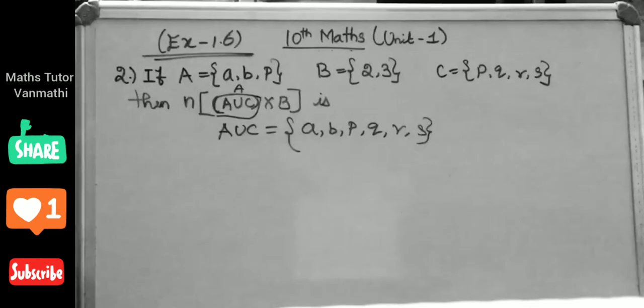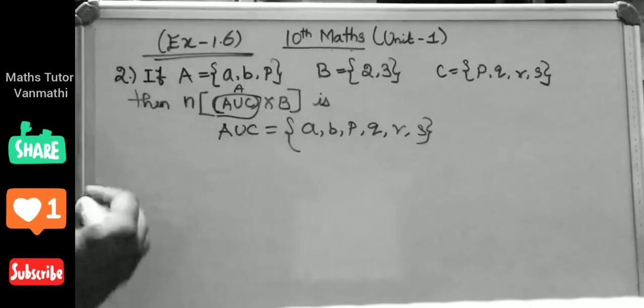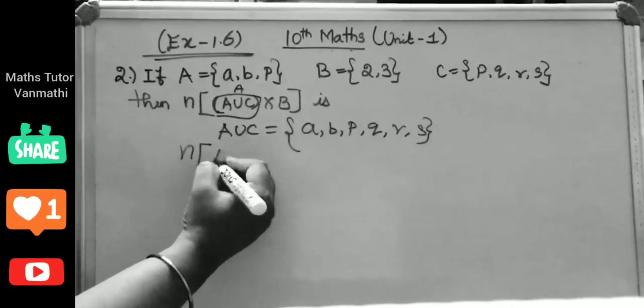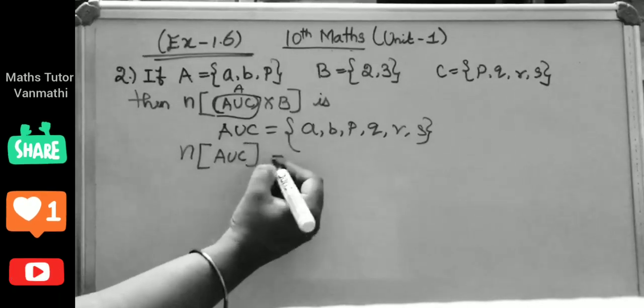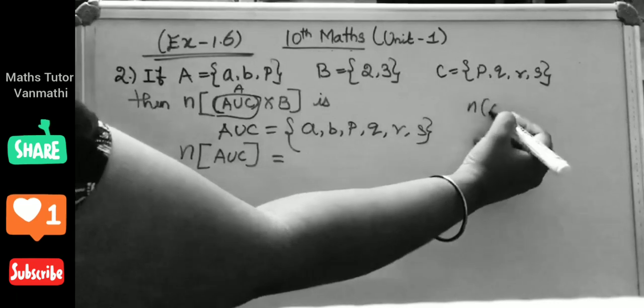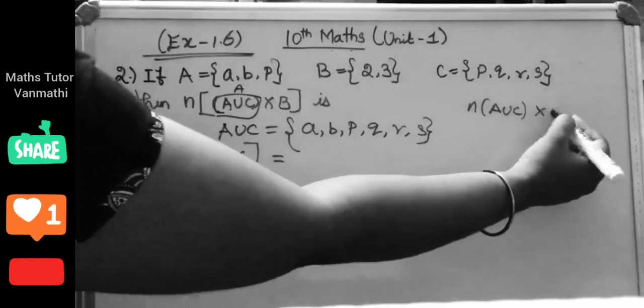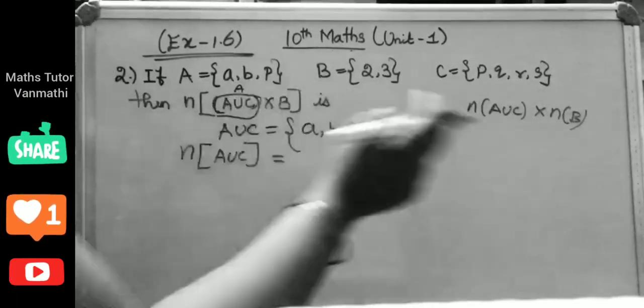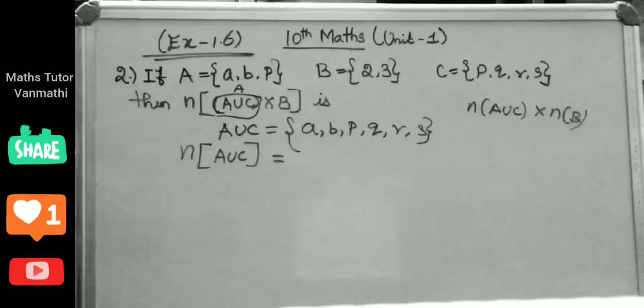Next we need n of A union C cross n of B. This can be written like your first problem, your first 1 mark.